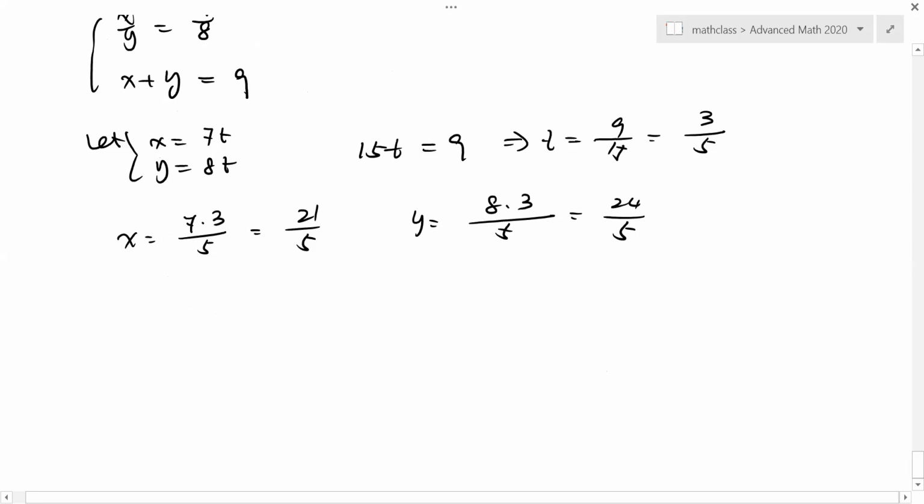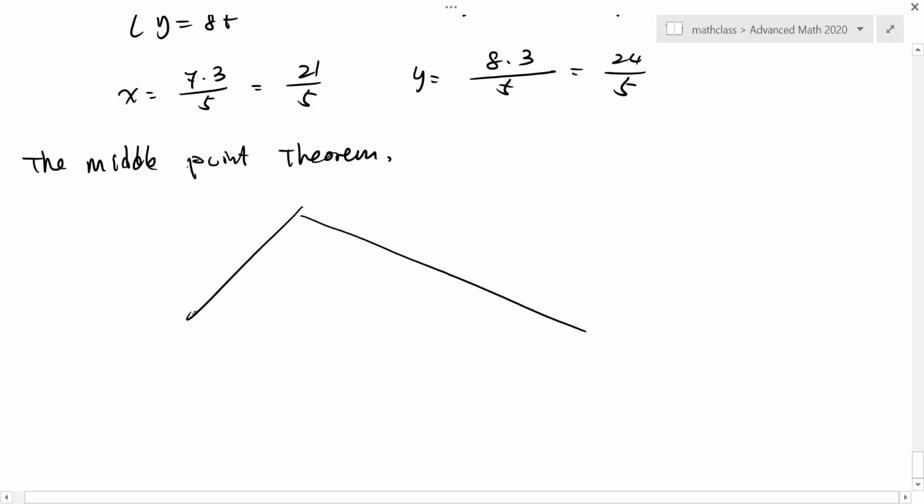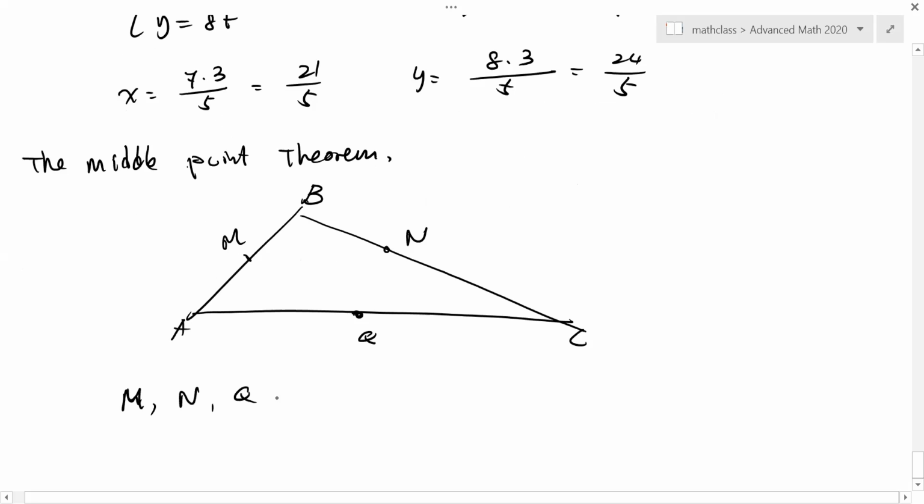All right, now I want to talk about the so-called middle point theorem. The middle point theorem says that in an arbitrary triangle, we're not able to prove it here, but maybe you can find it on the internet. Here is M, this is N, this is Q. M, N and Q are middle points on each side.